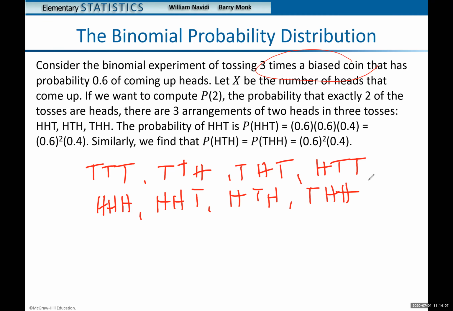These are all the possible outcomes when you toss a coin 3 times, from 3 tails to 3 heads.